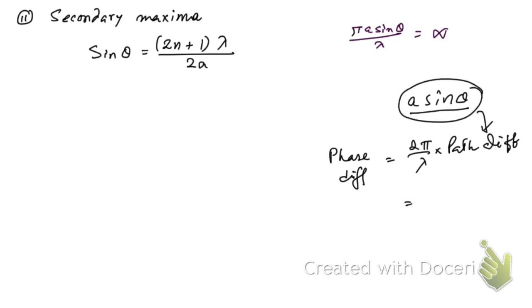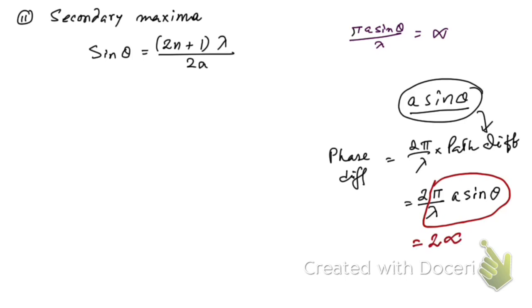Then what are we supposed to get? 2 pi by lambda a sine theta. That's what we should get. Now you see this part is your alpha. So what does it mean? This is the phase difference, right, between the waves originating from A and B? Hope you have understood this.